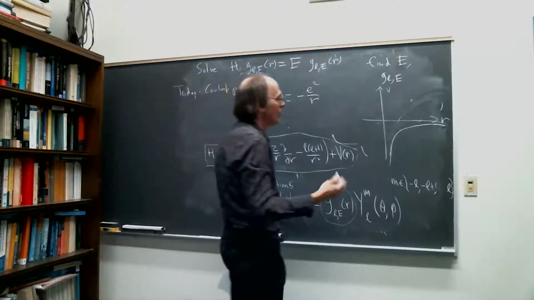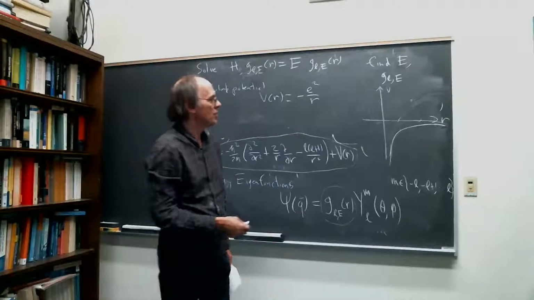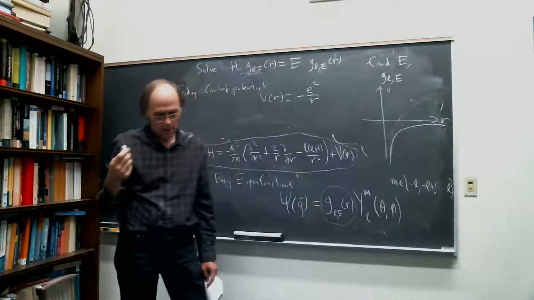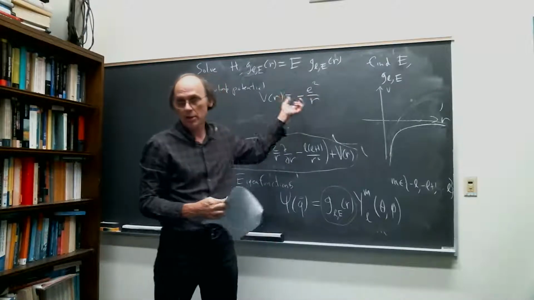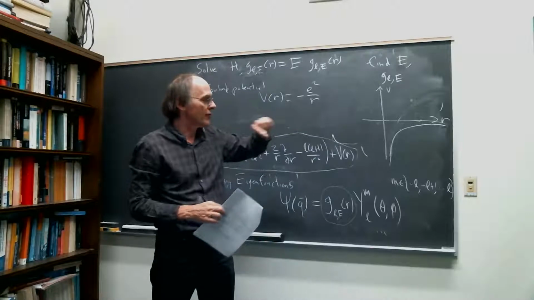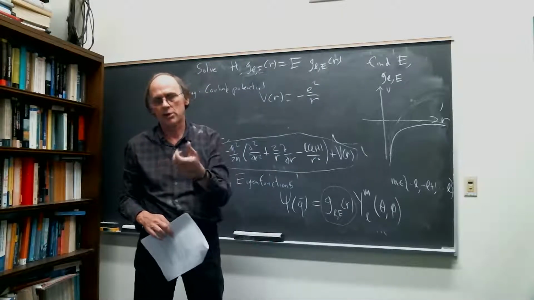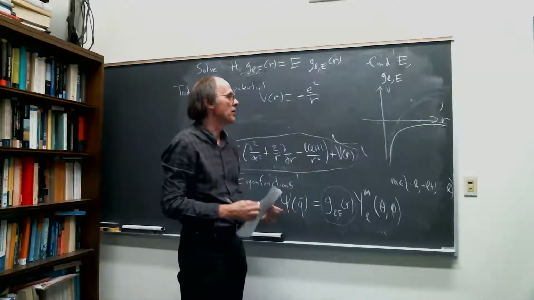If you're doing classical mechanics, you get the same thing for the gravitational potential. If you've got a small mass moving in the gravitational potential of a large point mass, you have the same problem.